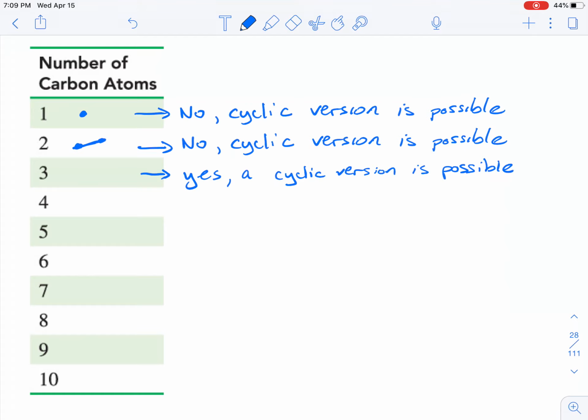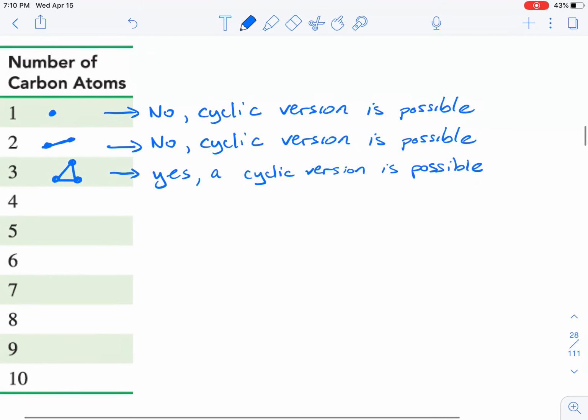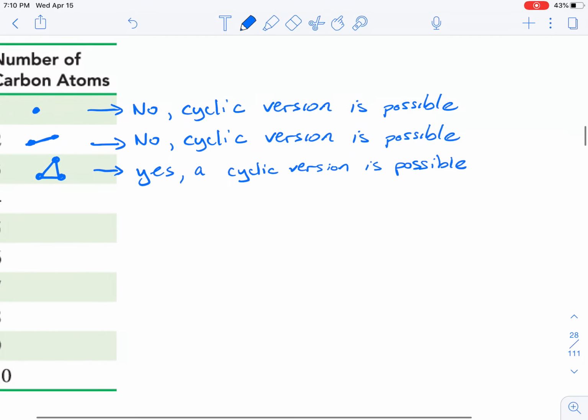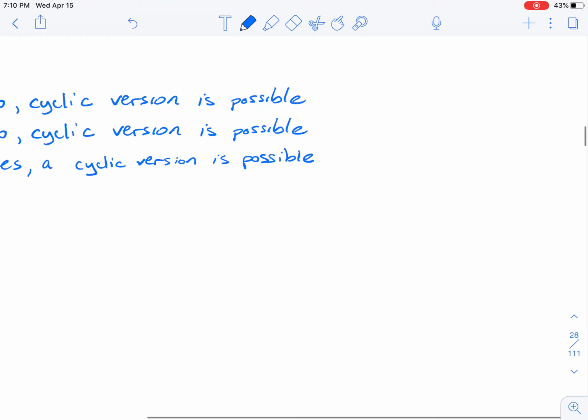And what does it look like? Well, it's a triangle. Here I have 3 carbons or 3 dots, and connecting them will form a triangle. And so the name is going to be cyclopropane.